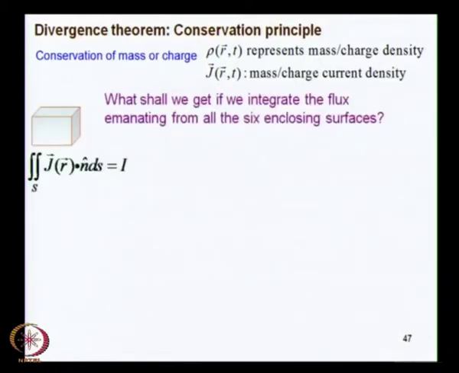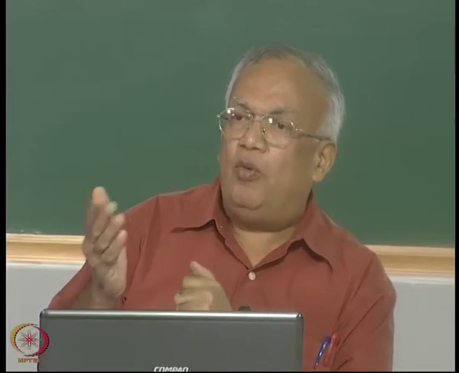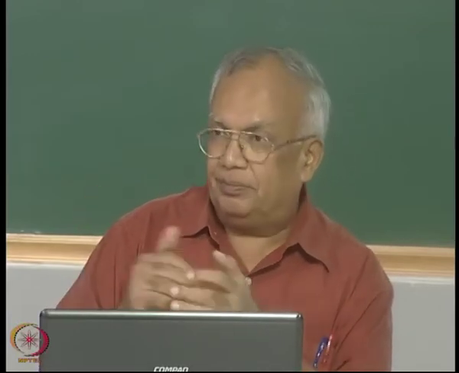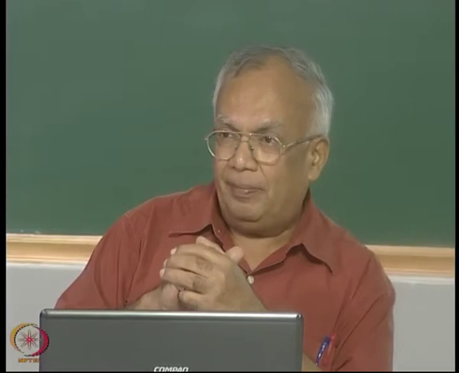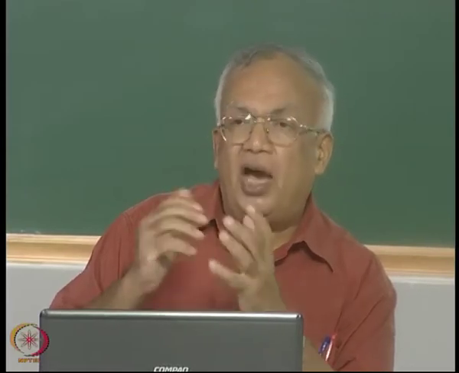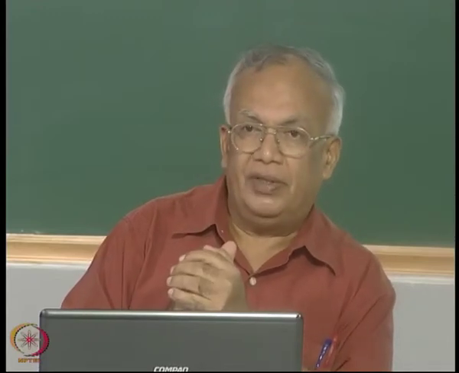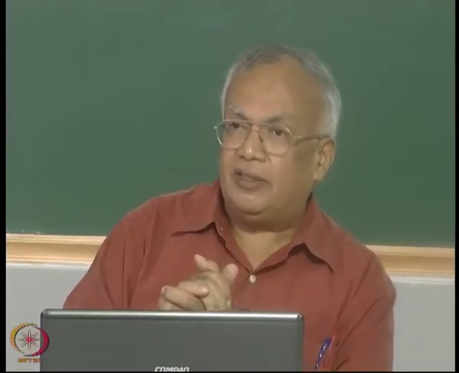What we have is a conservation principle, because if you look at the net charge current density which is flowing out of a closed region of space, charge per unit area integrated over area will give you the charge, and the charge flowing per unit time will give you the current. dq by dt is the current.